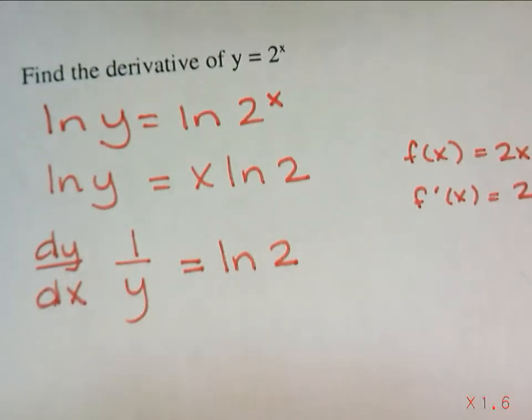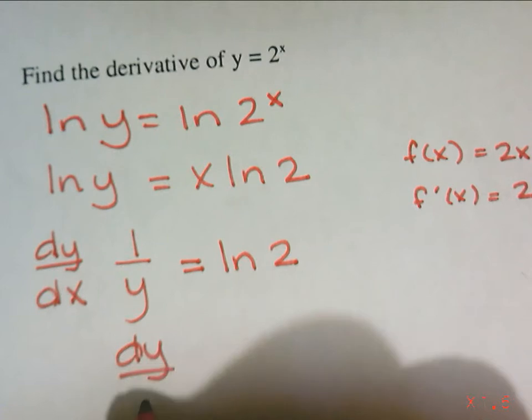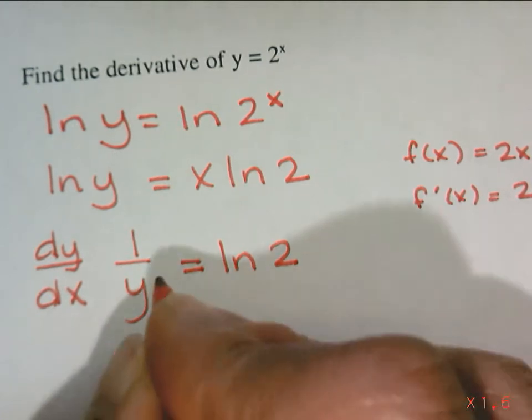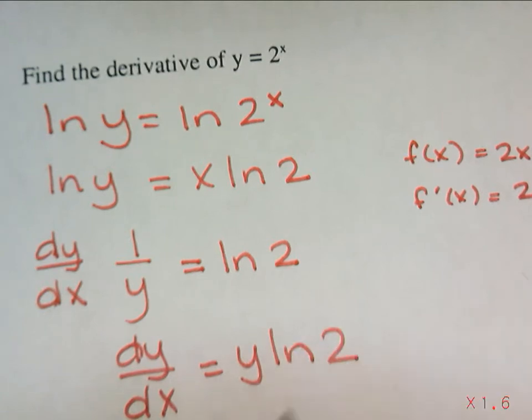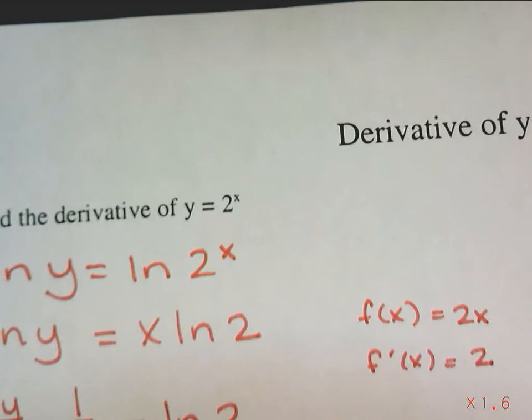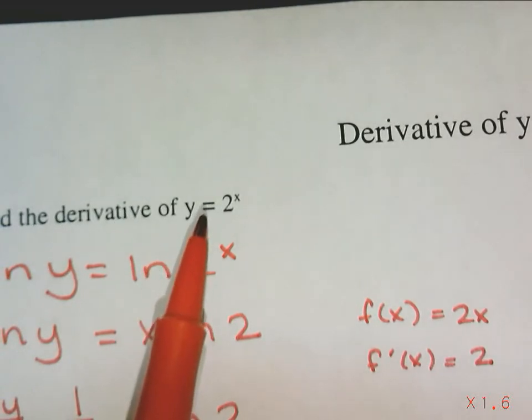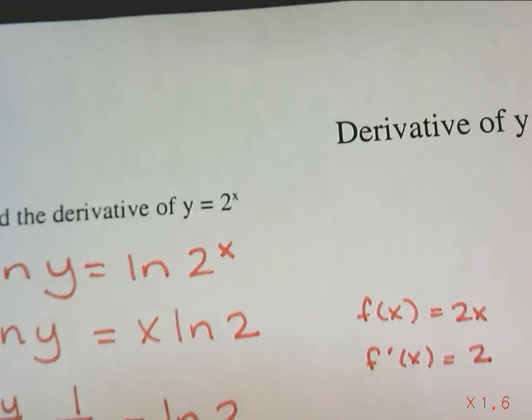I'm going to solve for dy by dx, which means I'm going to bring y to the other side, so I get y ln 2. Well, I already know what y equals from back here: y equals 2 to the x.